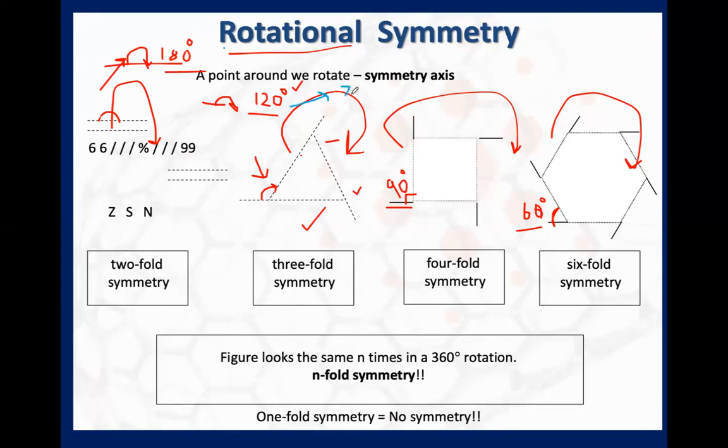In the previous case, how many times? Only two times. What about the third case? 90 degree. So how many 90 degree rotations can you see the same object? One time, one time, one time, one time. That means four times, right?